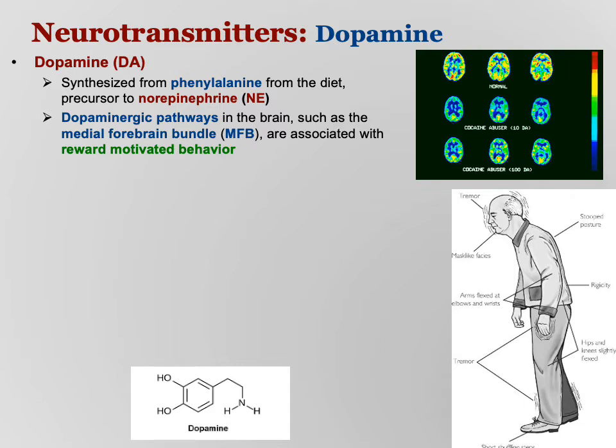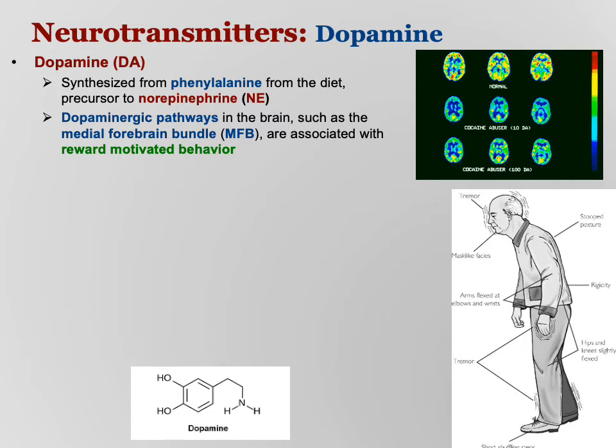So a lot of things that give you pleasure, food, sex, things like that, they stimulate that pathway. As it turns out, dopamine is the neurotransmitter in that pathway. So if you take a drug that enhances dopamine, it stimulates that reward pathway. And so what happens is you feel great.